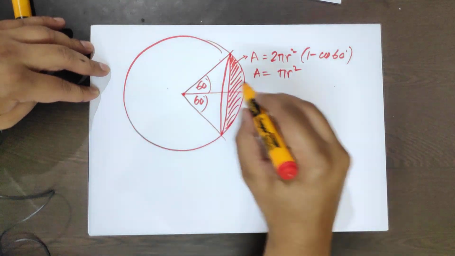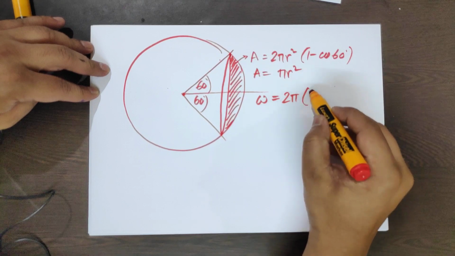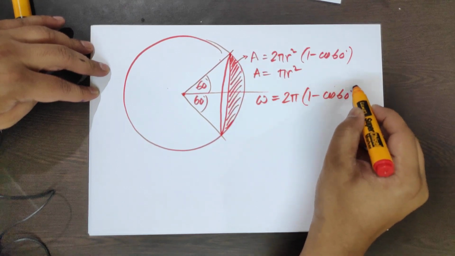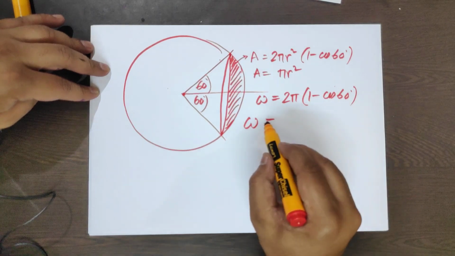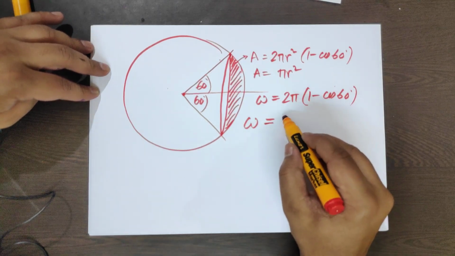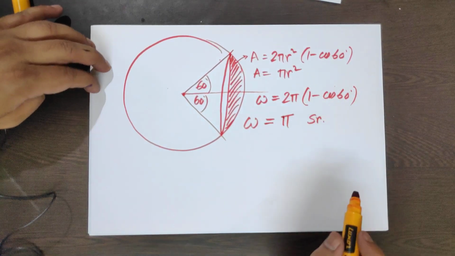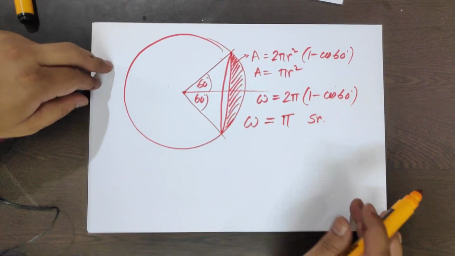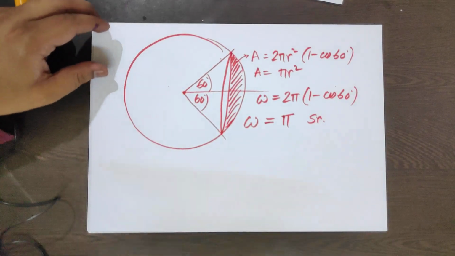A is equal to pi r square, and the solid angle you can find using that formula, 2 pi into 1 minus cos of 60. So this solid angle subtended here is equal to pi steradian, right? Okay, so that's the concept of solid angle.